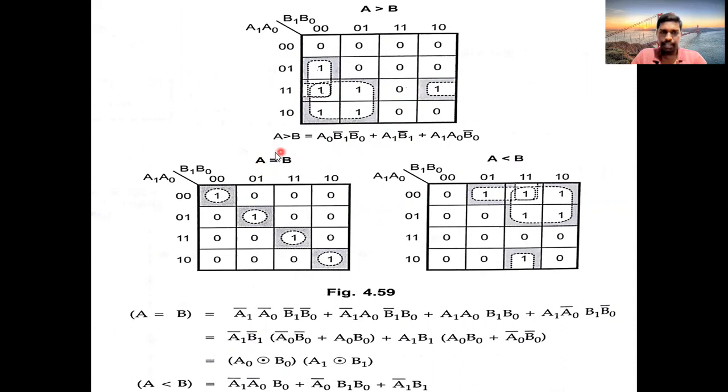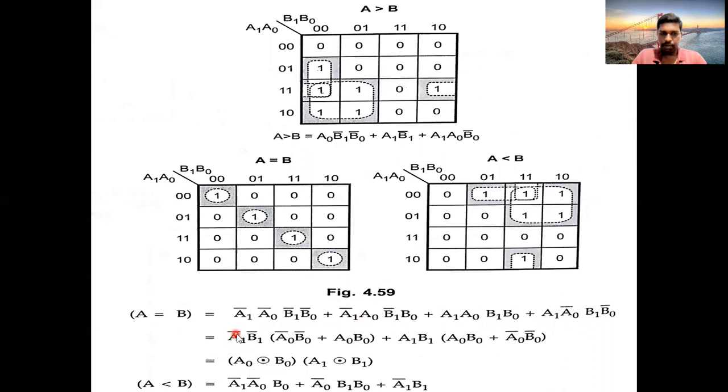And when you come to A equal to B, here the ones are existing diagonally where no adjacency is there. Where no adjacent property is satisfied, you cannot group them directly. You should take these ones single, alone, like individual terms. 1, 2, 3, 4. 4 individual terms to be taken. So this is the first individual term, second individual term, third individual term, fourth individual term.